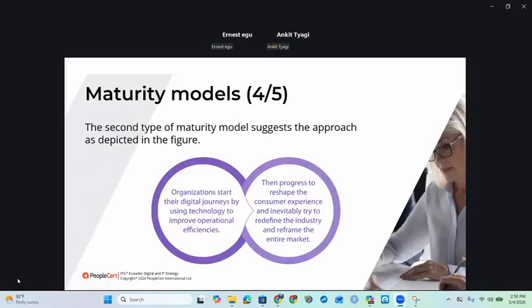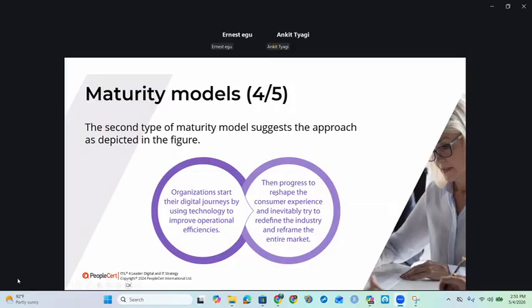The second type of maturity model suggests the approach as defined here. Organizations start their digital journeys by using technology and improving the operational efficiencies. Well, of course, improving itself is what the second approach talks about. The organization will invest in the digital technology. They would start using the digital technology. They would become more efficient in terms of operating within the organization.